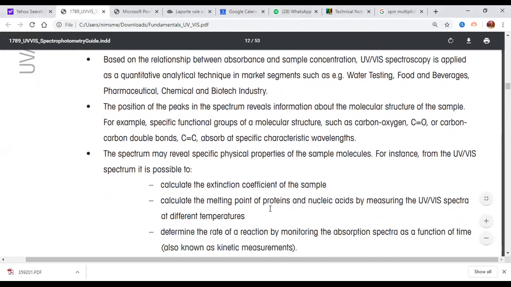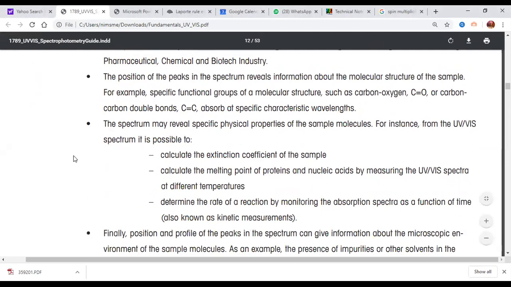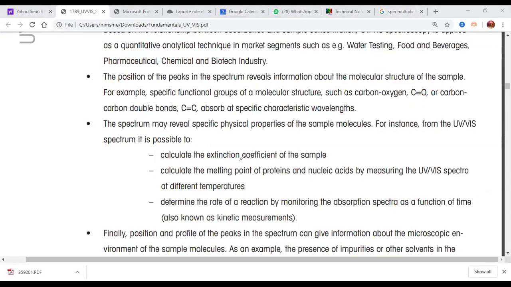See here more. The spectrum may reveal specific physical properties of the sample molecules. For instance, from the UV visible spectrum, it is possible to calculate the extinction coefficient, epsilon, of the sample. We can calculate the melting point of proteins and nucleic acids by measuring the UV visible spectra at different temperatures.